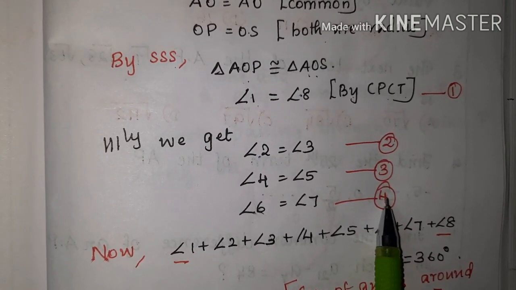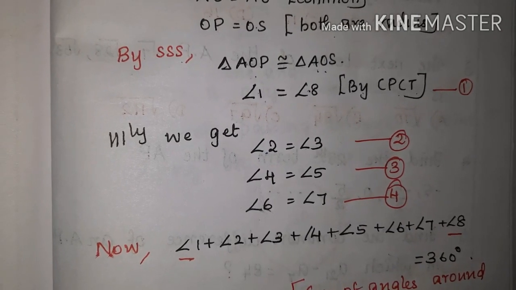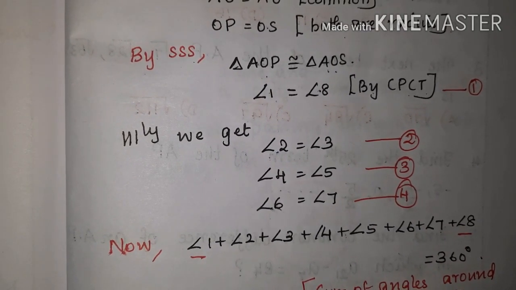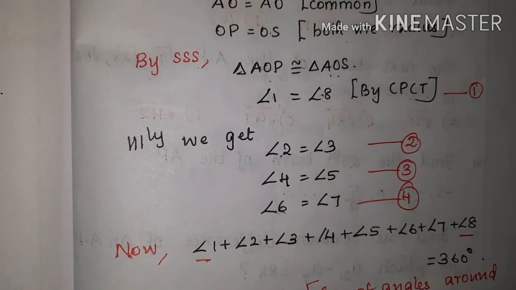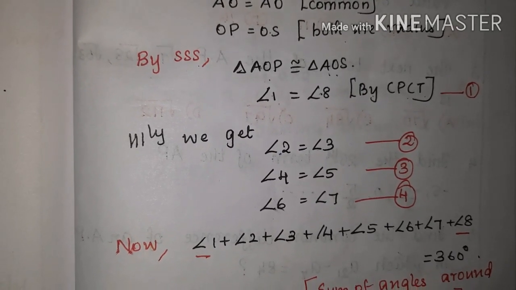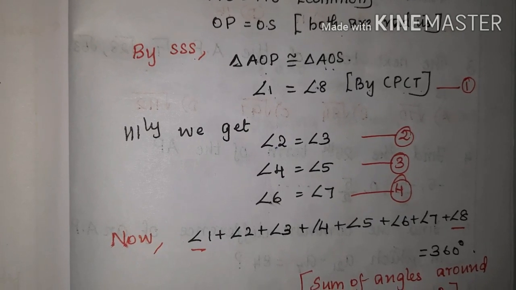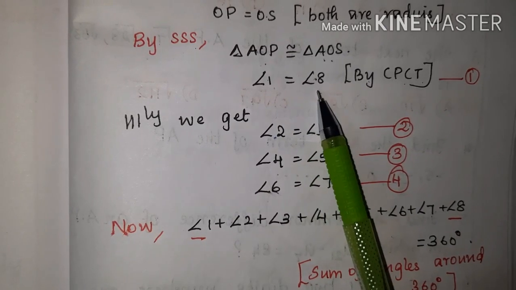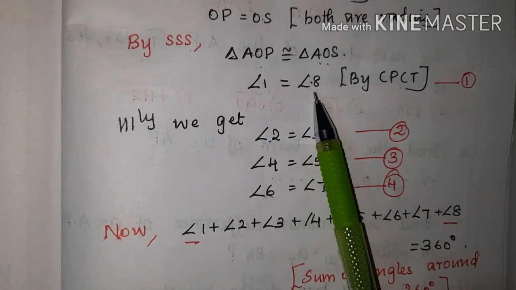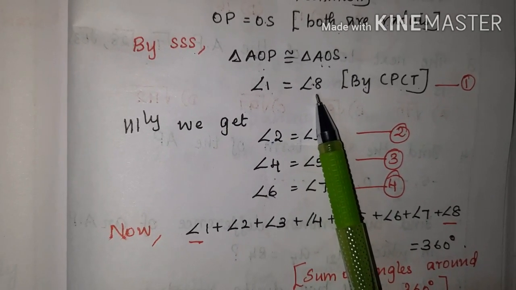For proving, we are joining the center and the point of contact so that you get right triangles, and you are proving the two right triangles are congruent in each corner along the external point. You are saying the angles inclined by the triangles at the center are equal by CPCT.